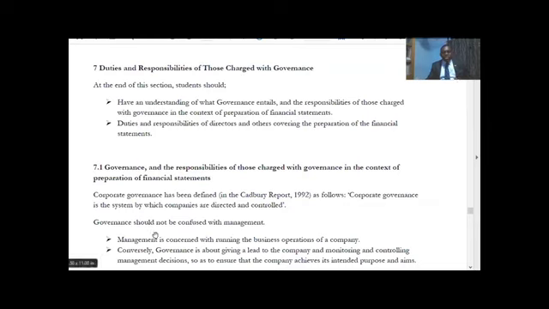Now, governance should not be confused with management. There's a thin line between governance and management, because don't forget that I mentioned that the shareholders of limited liability companies are most often not the managers of their company. So they appoint people to man the business in their stead, and we call these people that the shareholders appoint the board of directors.